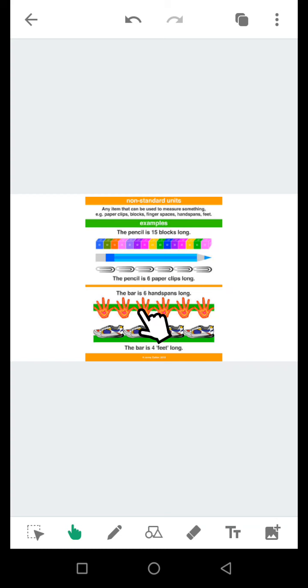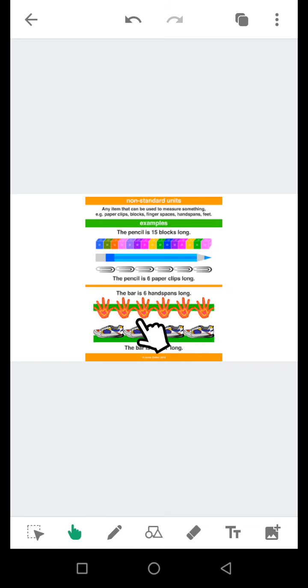When you open your palm, you spread it very well, as you can see here. See one palm, 2, 3, 4, 5, 6. So we can say that the bar is 6 hand spans long.